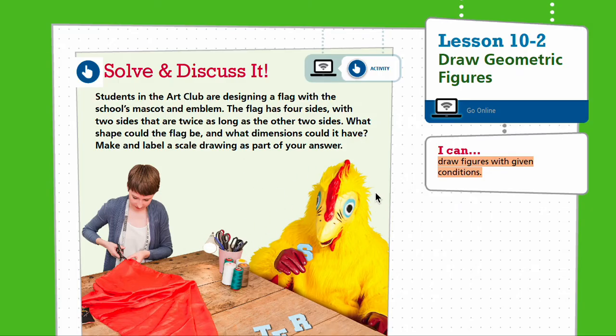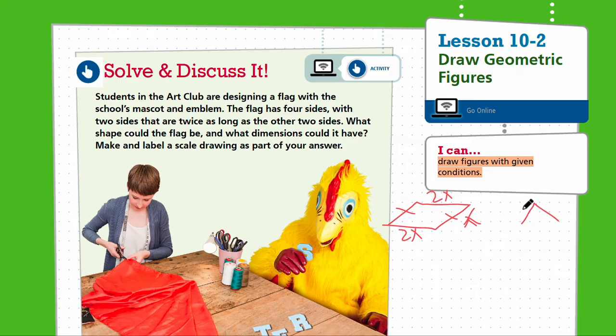Flag has 4 sides, so it's definitely a 4-sided polygon, a 4-sided shape with 2 sides that are twice as long as the other 2 sides. Okay, so maybe this would be X and that would be twice as long, and we have 2 sides that are twice as long as the other 2 sides.